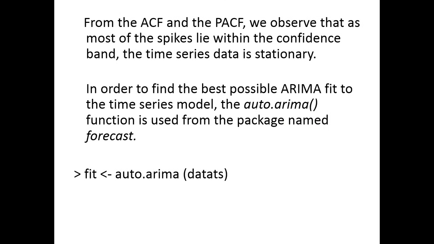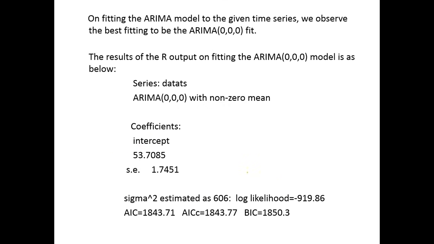You need to install the package forecast in R and use the function auto.arima on your series, and it will provide you the best fit. When you do that, our data set says that ARIMA(0,0,0) is the best fit, right? It internally computes everything, and we do not need to do anything.